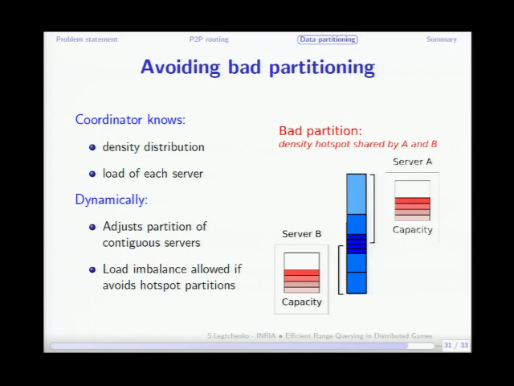So how do we avoid bad partitioning? The coordinator is aware of the global density distribution. It also knows the current load of each server. So it runs through the density distribution trying to detect partitioned hotspots.